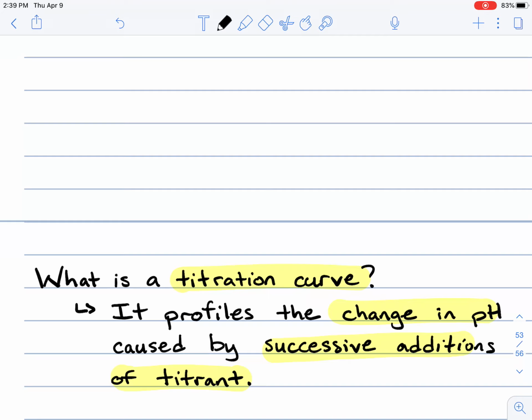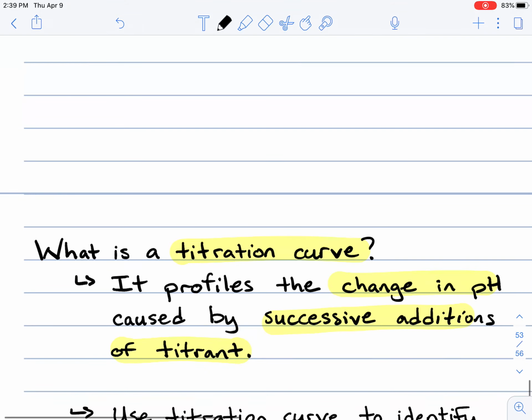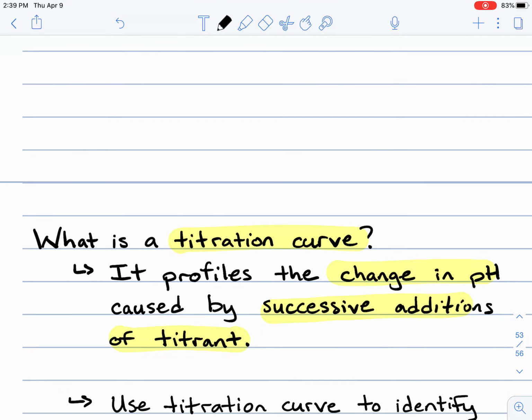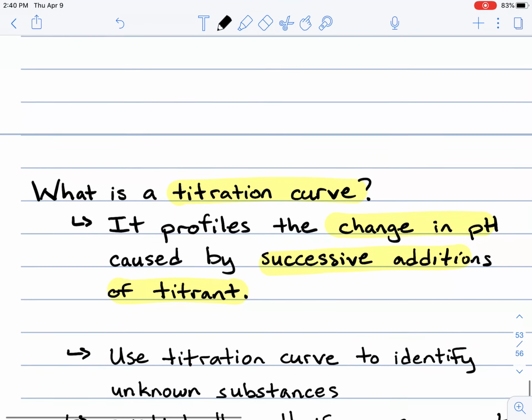However, when we do paper chemistry, we don't have this nice, beautiful, complex, expensive lab equipment to do all the work for us. We actually have to do the work by hand, and we're going to take a look at that very soon. And so a titration curve just evaluates the change in pH caused by successive additions of the titrant.